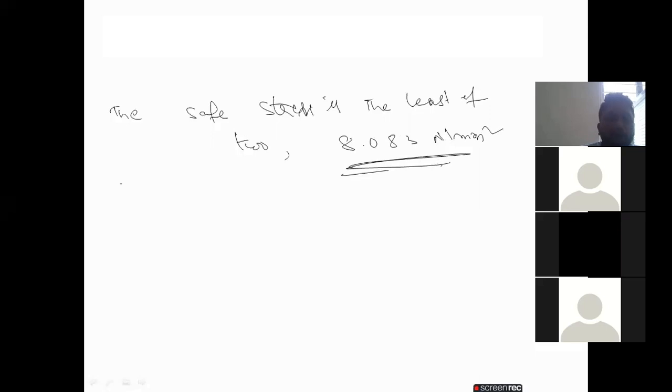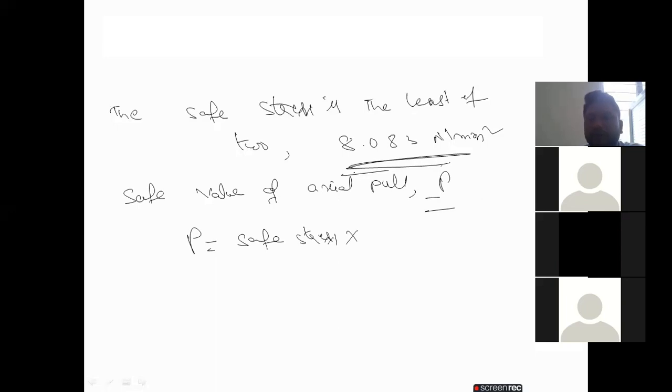Now we have to calculate the safe value of axial pull, the P value. P equal to, from the formula we know, stress equal to load by area, so safe stress into area of cross section.